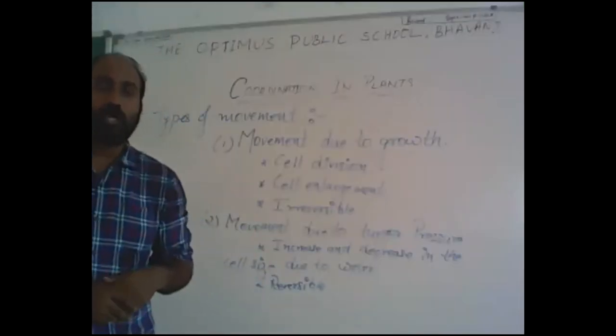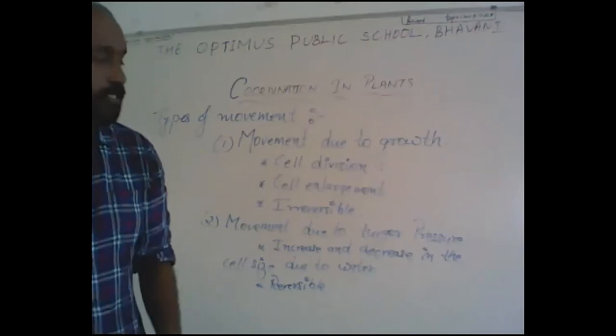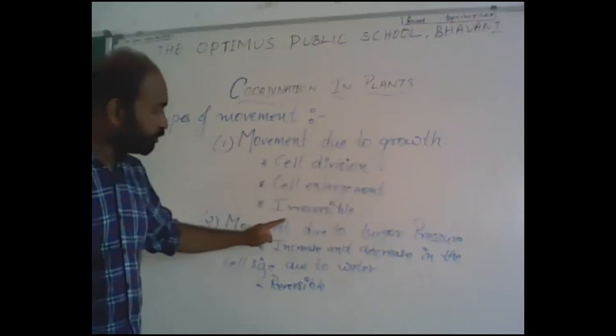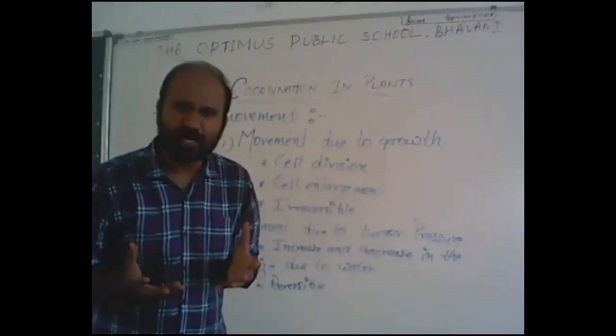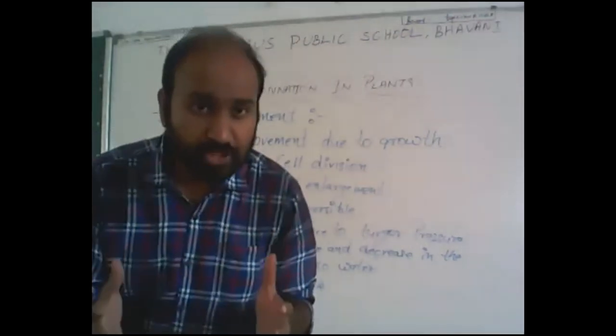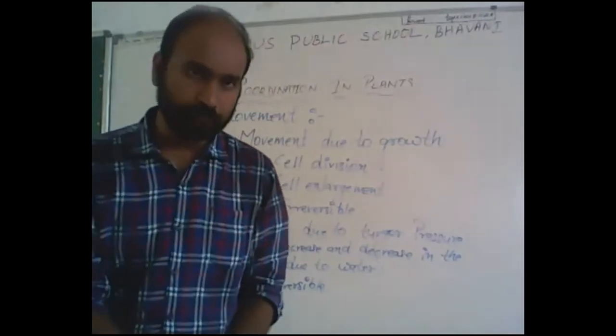As I told you, there are two types of movement happening in plants: movement due to growth and movement due to turgor pressure. What is turgor pressure? You studied it in lower classes, in 9th standard. Turgor pressure is nothing but pressure due to the water on the plasma membrane.